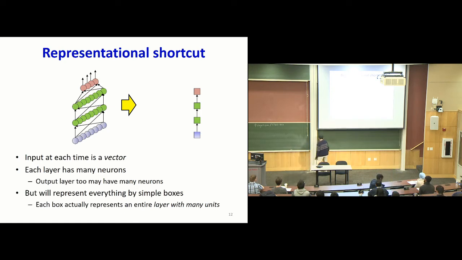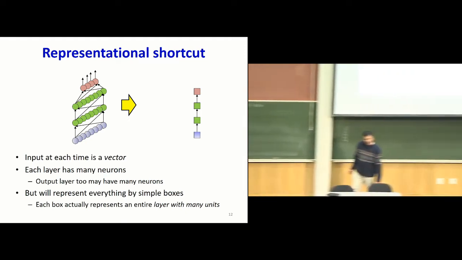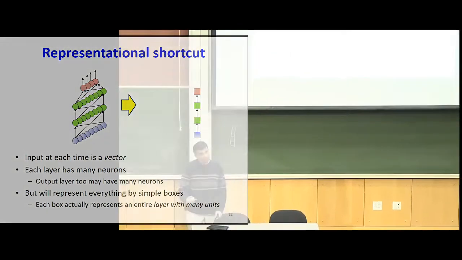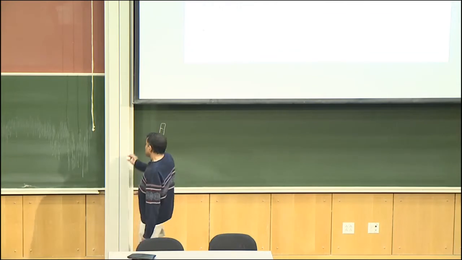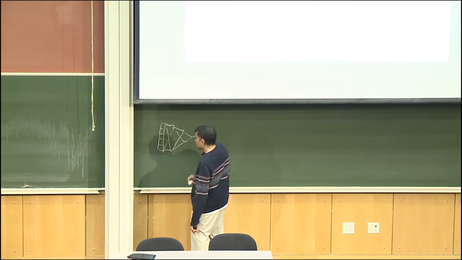All the figures that I showed so far showed the inputs as vectors, where typically you'd represent a vector with many components, right? But if I try to draw a neural network that's operating on a vector, then these would have to be connected to neurons, and those to other neurons, and maybe there's a decision to be made.